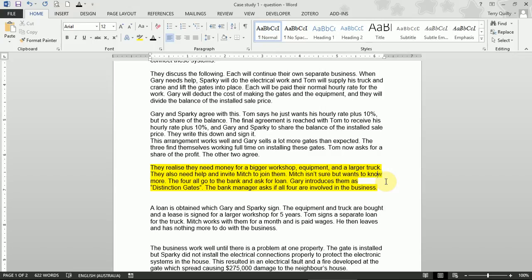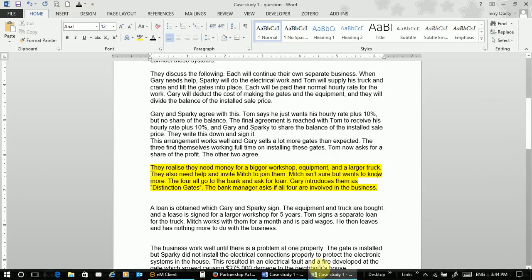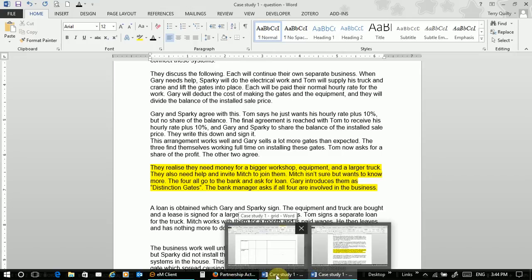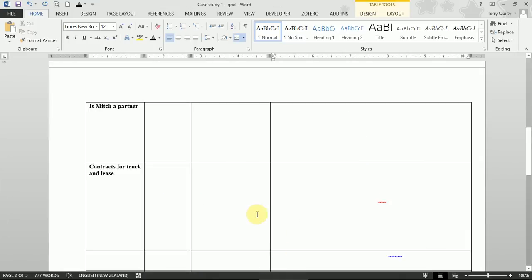Now, we're going to make an assumption here that he's introduced as a partner. Certainly we can argue this point, but we don't have a lot of time in exam test situations to do that. So is Mitch a partner?